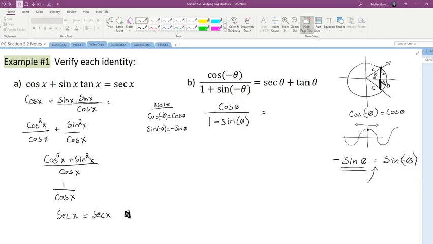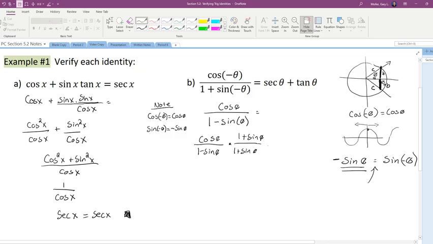Personally, I could argue that we won't need to show the step, especially because I didn't give myself a lot of room. But if I was going to show the step, I would do it on the next line. So cosine of theta over 1 minus sine of theta times 1 plus sine of theta over 1 plus sine of theta.